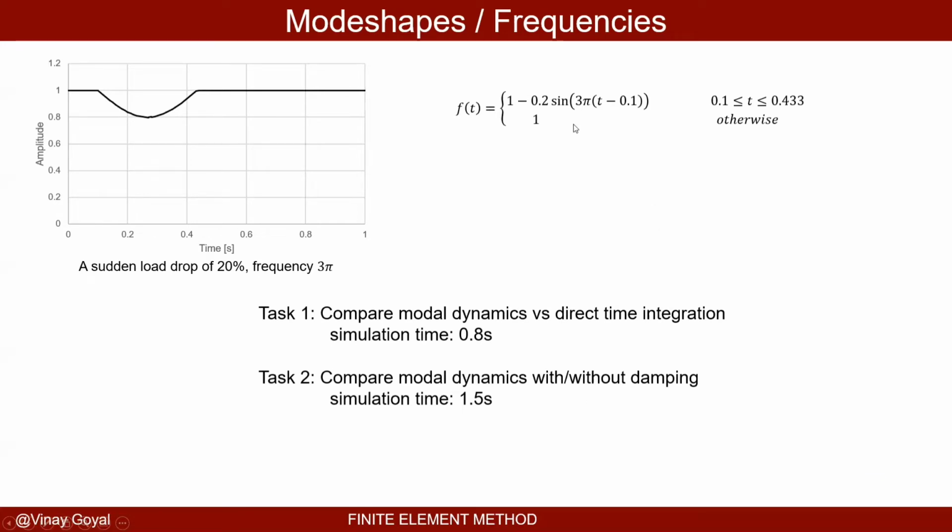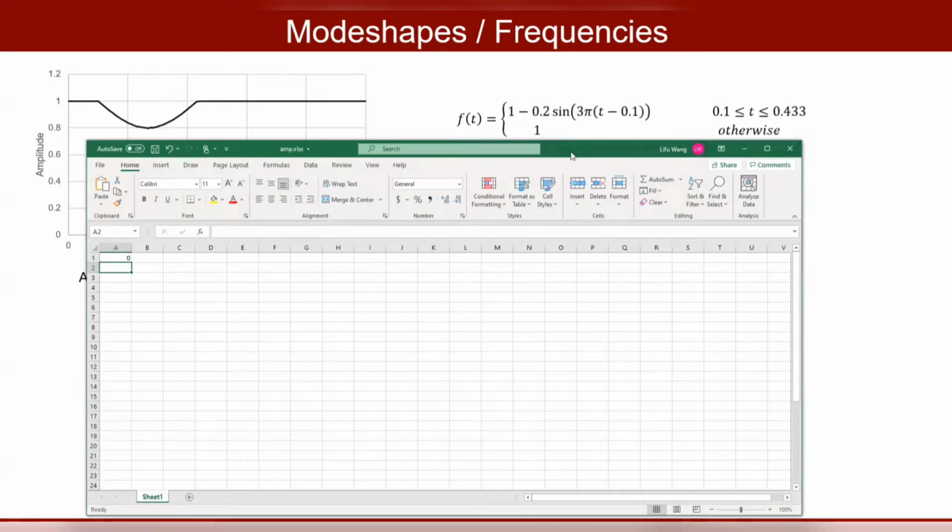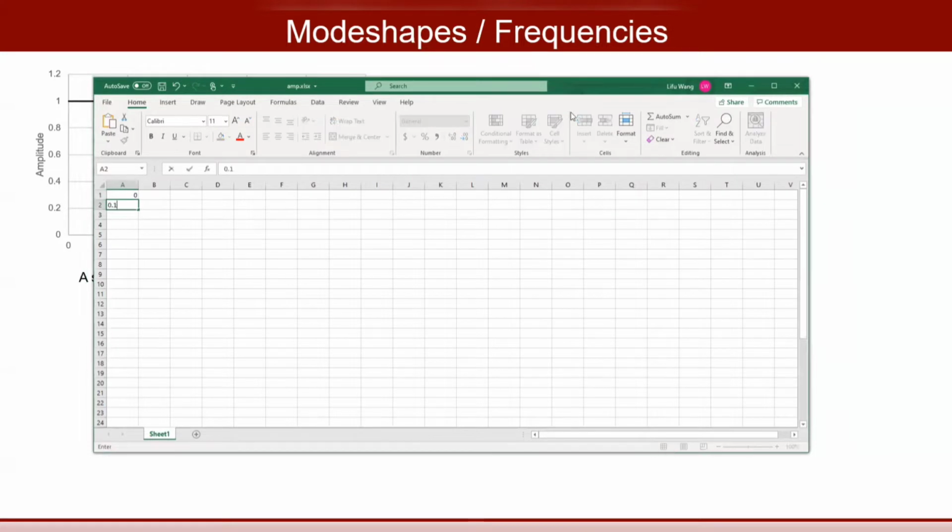First of all, we are going to create this function. The easiest way to create it, I think, is in Microsoft Excel. We create a time vector in column A: 0 for time 0, and the start time is 0.1. Let's do a time increment of 0.01, so 0.1 plus 0.01 is 0.11.